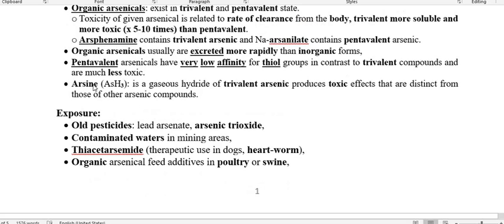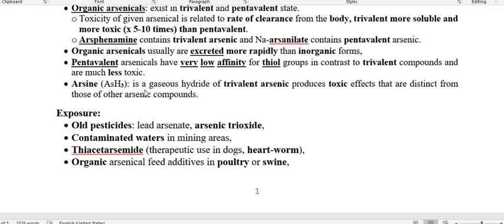As I earlier mentioned, arsine is amongst the topmost in toxicity, that is arsine hydride, and this mainly causes respiratory edema, and one more type of toxicity, that is hemolysis.